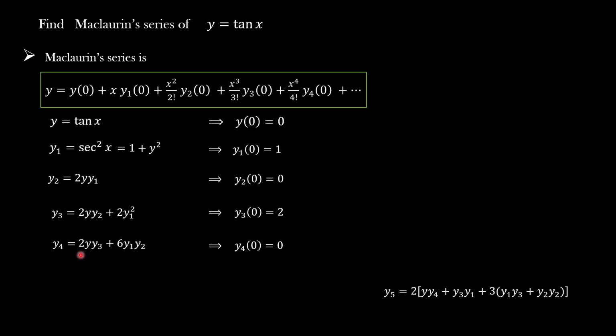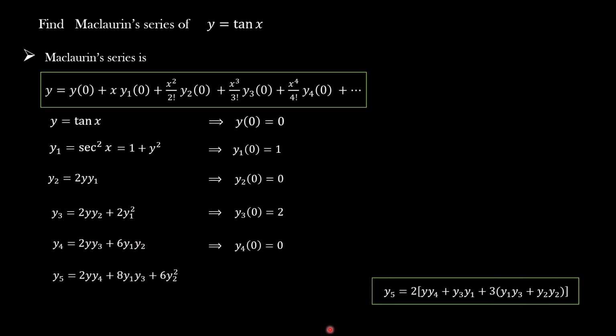y5 is equal to, take 2 outside, y into derivative of y3 is y4 plus y3 into derivative of y is y1, plus 3 times y1 into derivative of y2 is y3 plus y2 into derivative of y1 is y2.